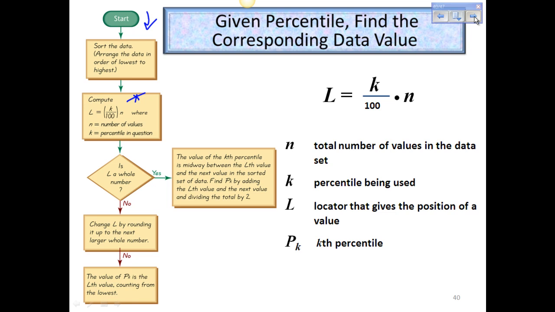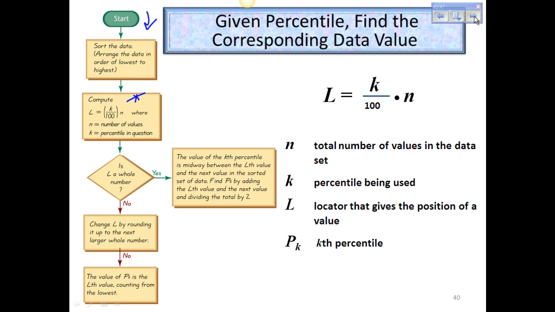And that's just like finding the percentage of a value. For example, if you want to know what is 30% of 110, you would take 0.3 and multiply by 110. In this case, say we're using a percentile of 26. We would say 0.26 times our 76 actresses. And that's going to give you your locator. But you have to figure out, do you need to round? Is L a whole number is the next question you need to ask yourself.